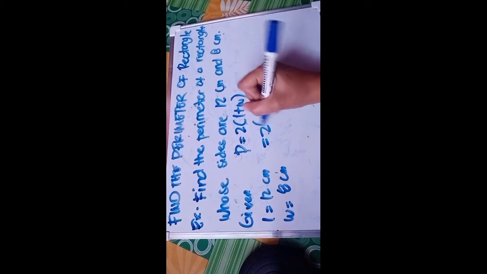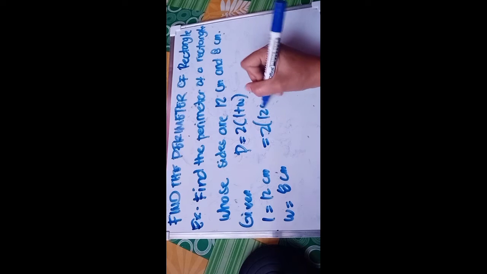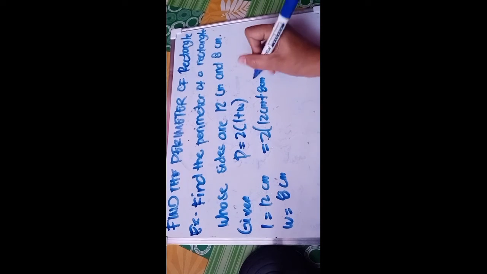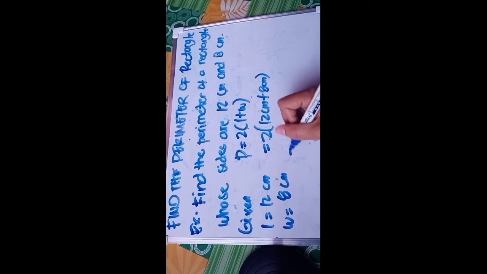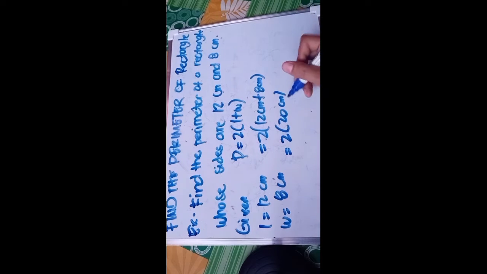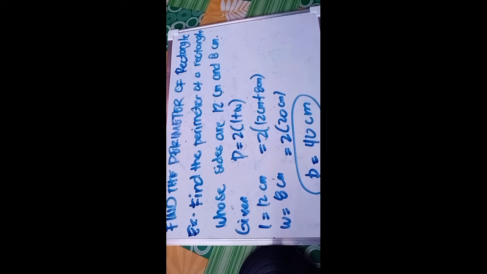So 2 times 12 cm plus 8 cm. So 12 plus 8 is 20 cm. So our perimeter of the rectangle equals 40 cm.